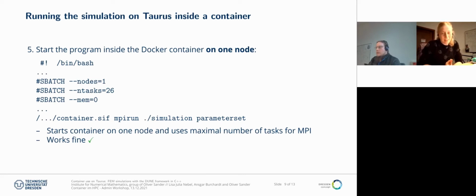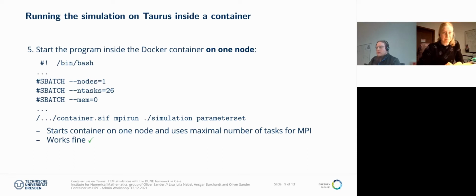Here you can see an excerpt of the batch file that I used. I start the container and then make a call to MPI and start the simulation with a parameter set. I use the maximum number of tasks for one node for MPI. And this works fine, so I could do a lot of simulations with this technique.